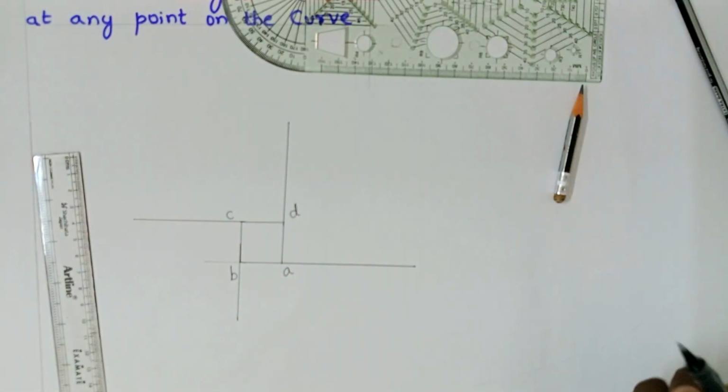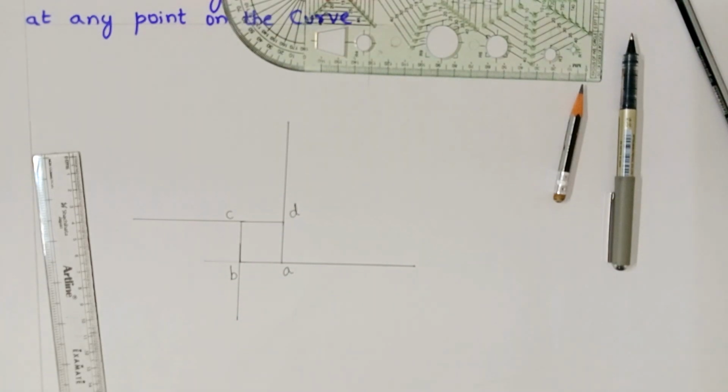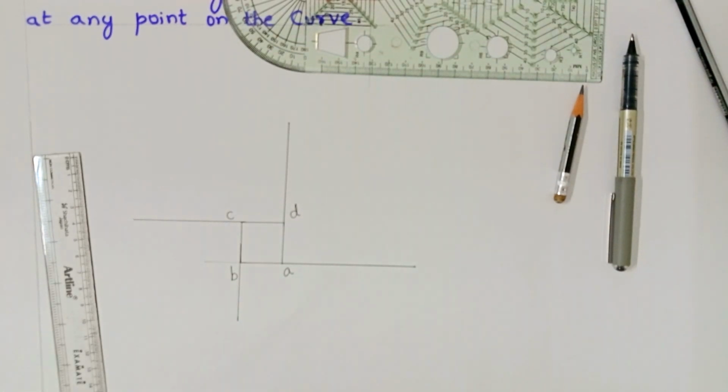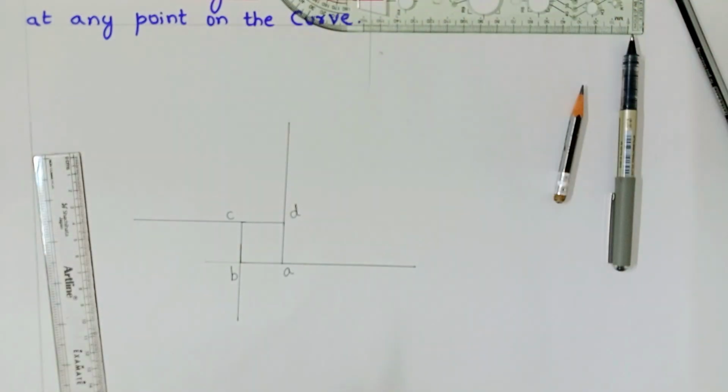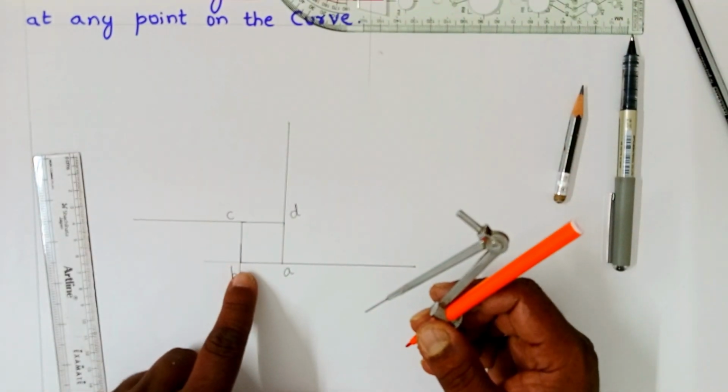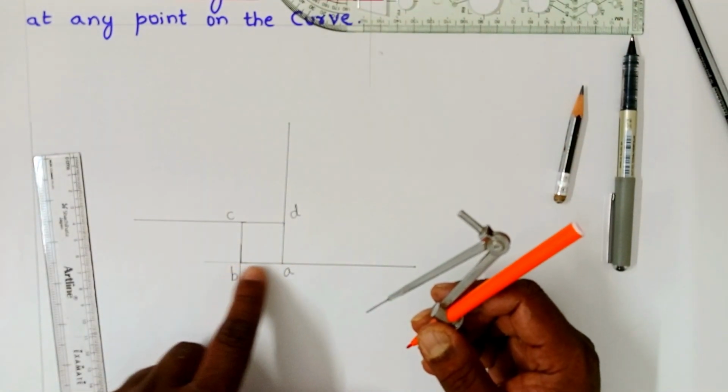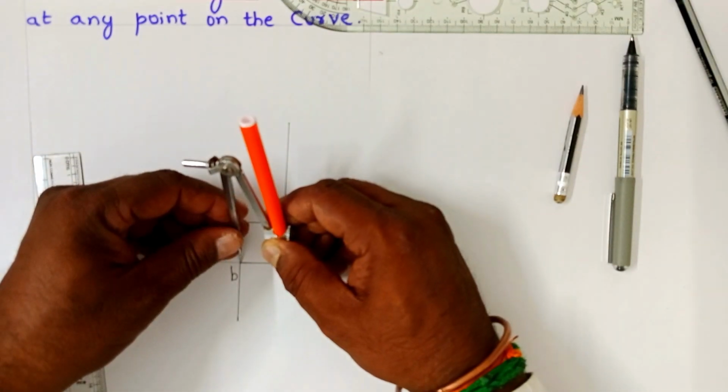Using the compass, take your HB pencil. The curve which we're going to draw is called the involute of a square. Keeping B as center of your compass and AB as radius, draw an arc downward like this.